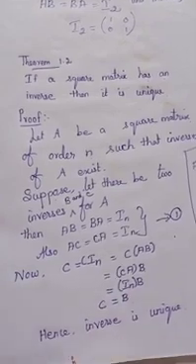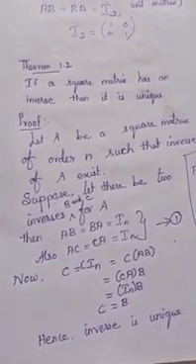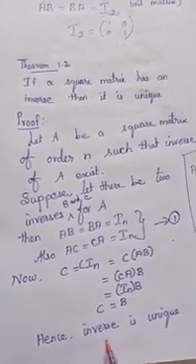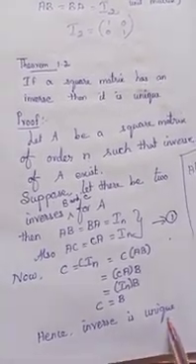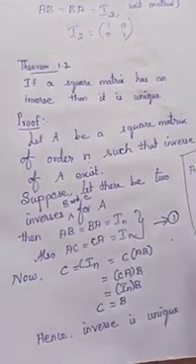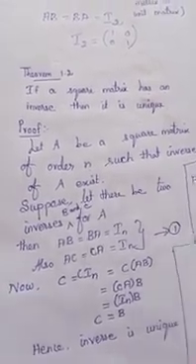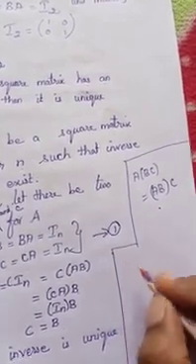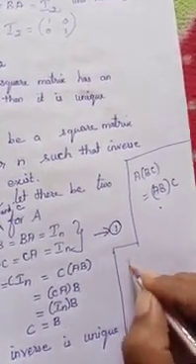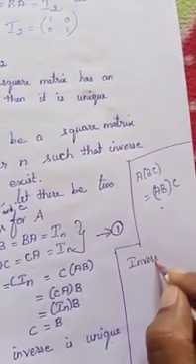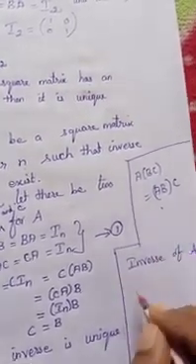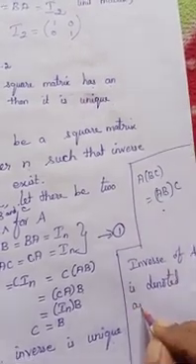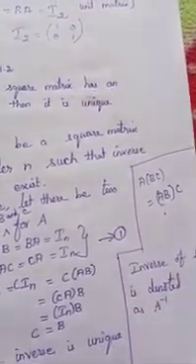So what is the meaning? For a matrix, we will get only one inverse. Hence the inverse of A is unique, and it is denoted as A inverse.